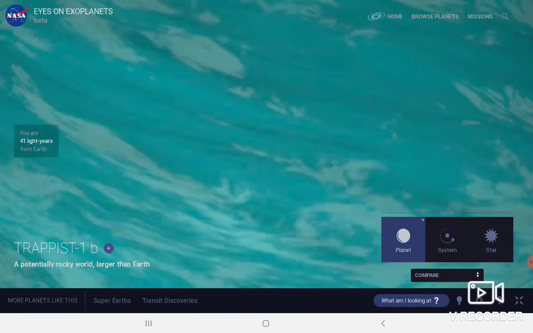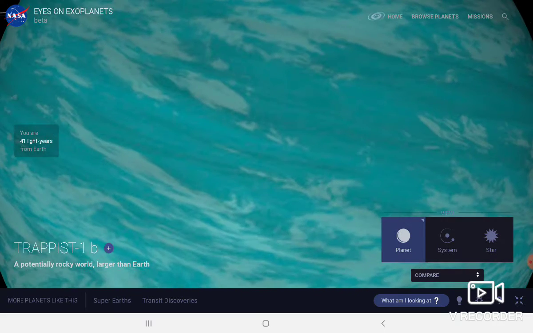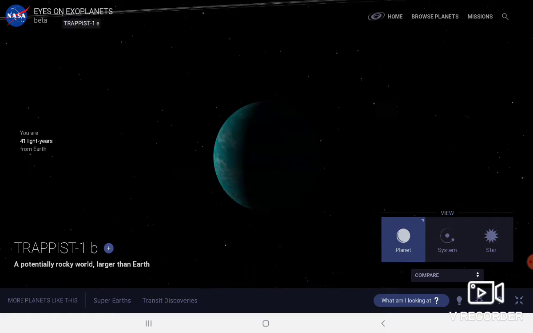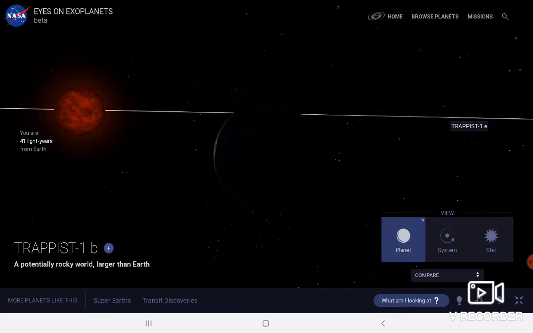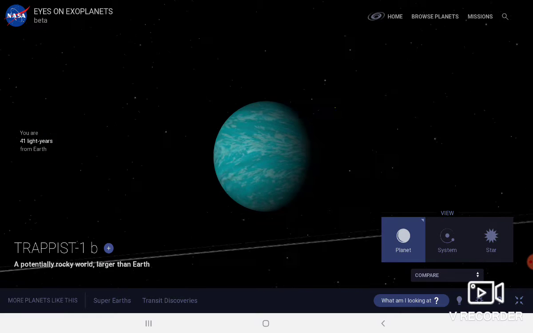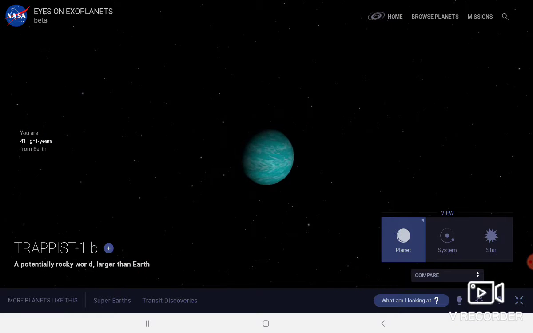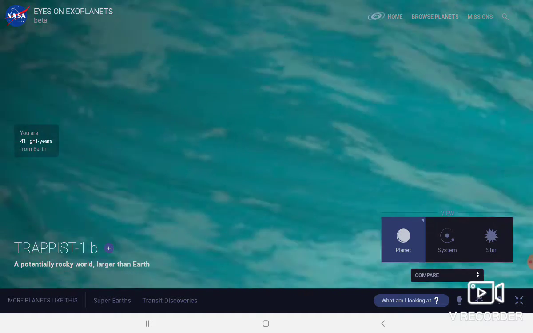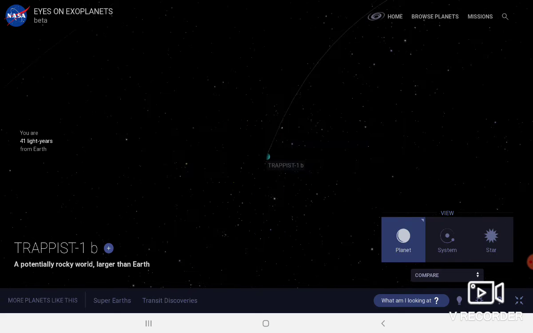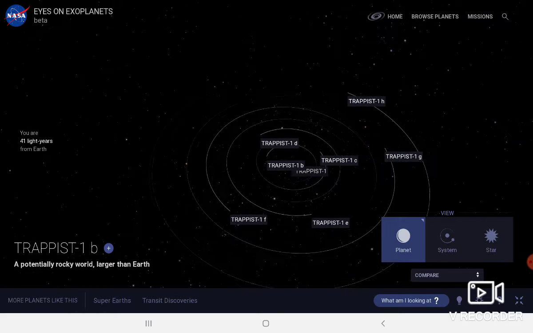Its temperature is 200 degrees Celsius, and it has a very rich carbon dioxide atmosphere. As you can see, it is so big here. It doesn't have water on its surface because it's very close to its star.